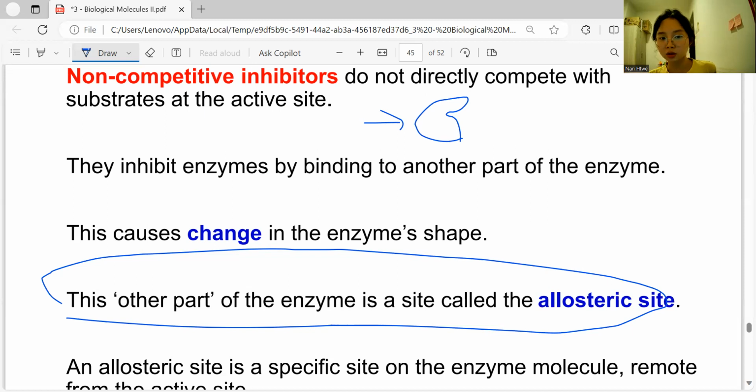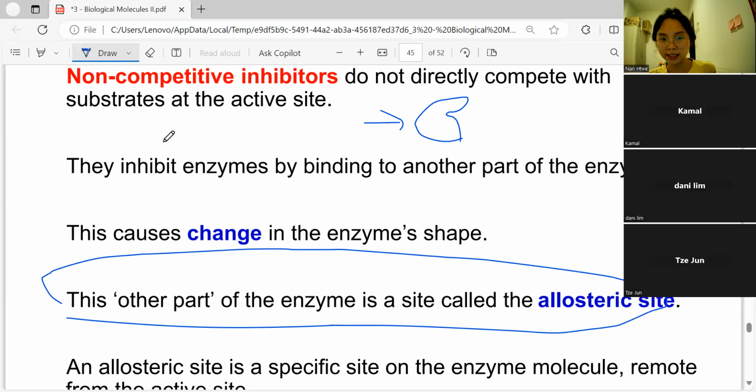Just now, on the effect of temperature and pH, I said that in extreme conditions like high temperature or high pH, the bonds in the enzymes are broken and the enzyme also changes its shape. That is called denaturation. And the enzymes will not be able to function anymore.